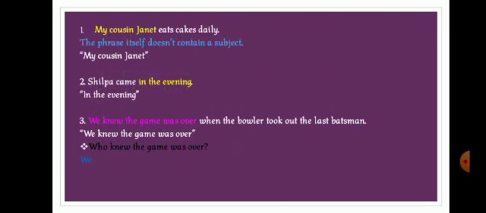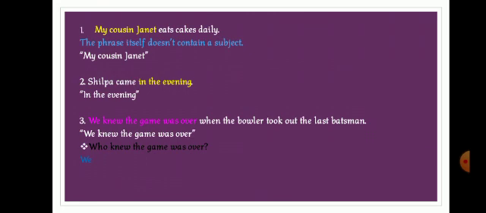So see these sentences. These are some examples. My cousin Janet eats cakes daily. Here, I'm taking the words highlighted in yellow, my cousin Janet, separately. That is a phrase, because it has no subject.